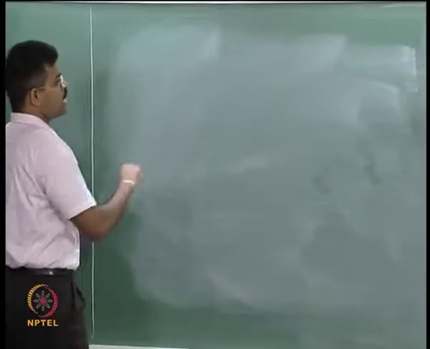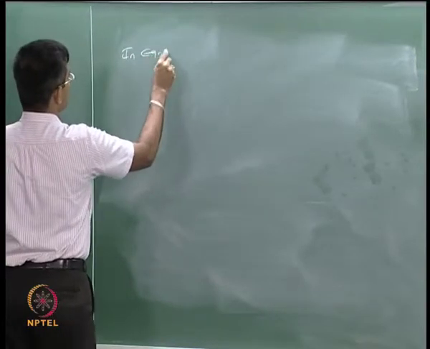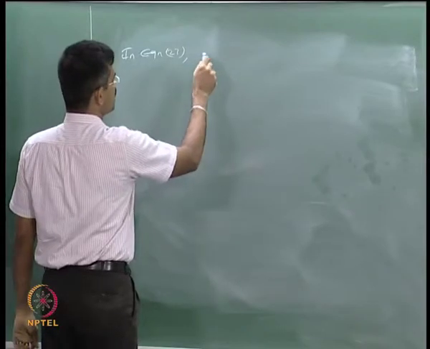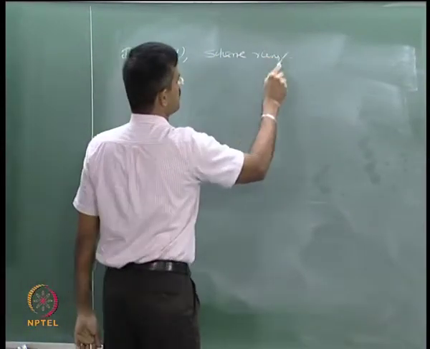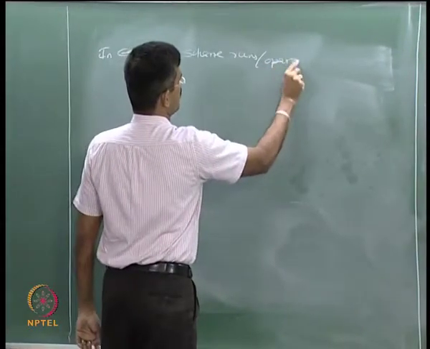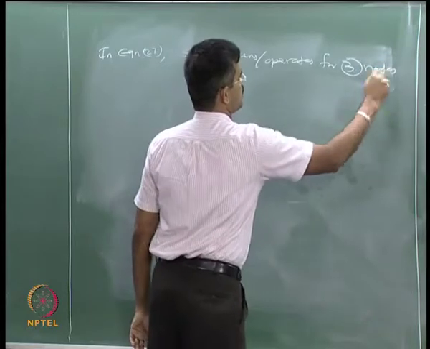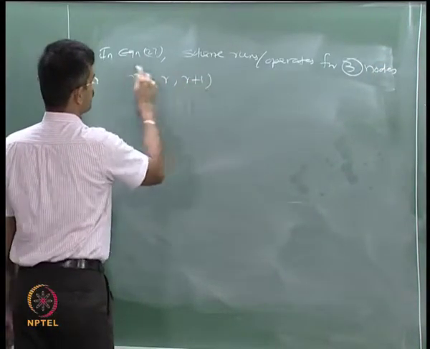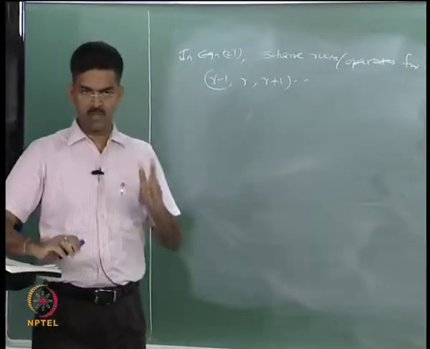Now please note that in equation 27 the iteration or the scheme operates for 3 nodes, that is r minus 1, r and r plus 1, is it not? That is how the scheme will work actually. This scheme needs 3 points.